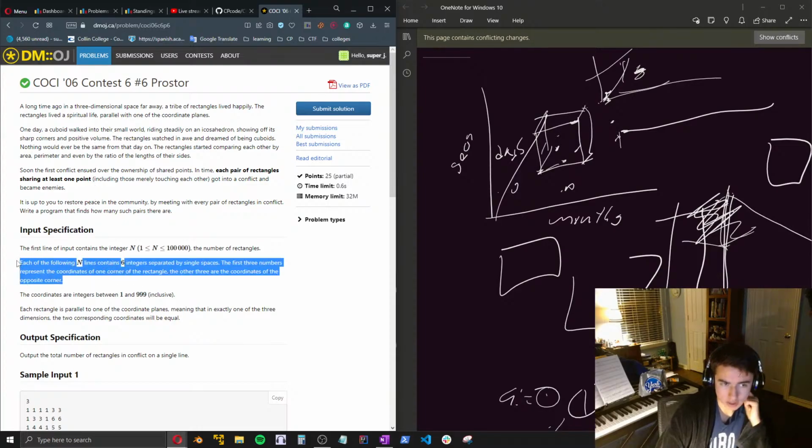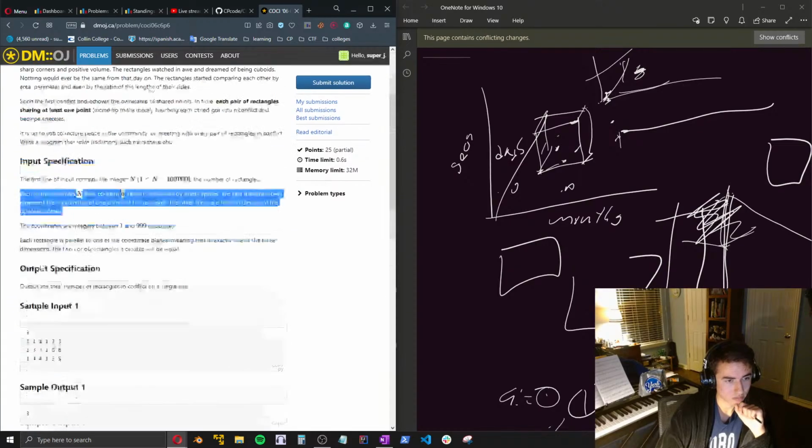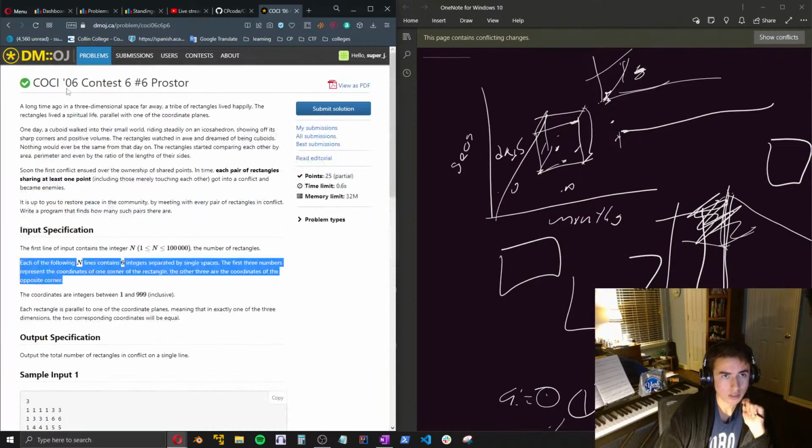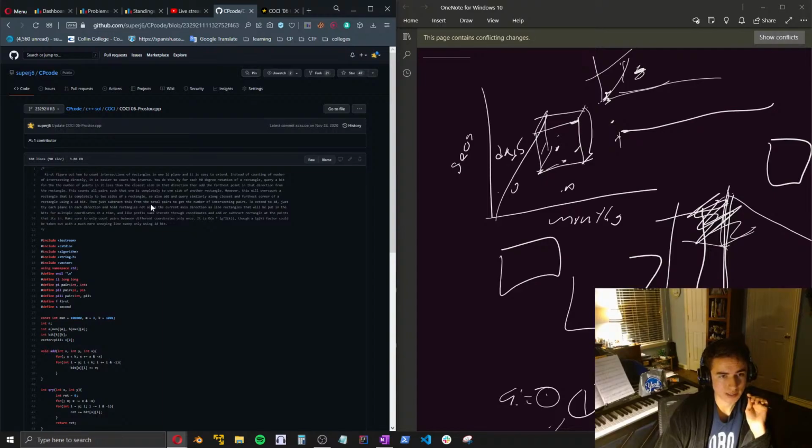Right, it's finding the number of pairs of intersections between 3 rectangles. I think you can probably use a similar idea, but I don't really remember what you did in this problem.